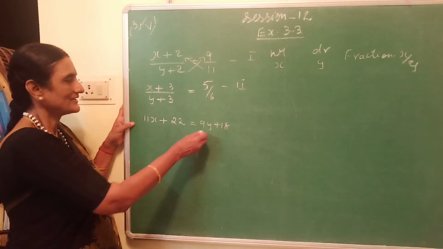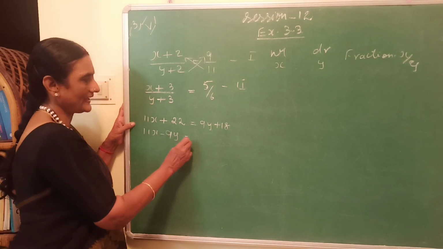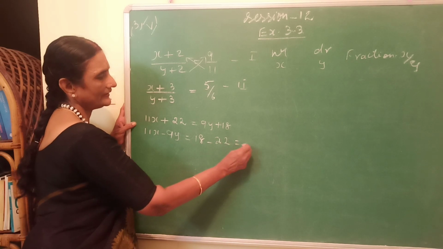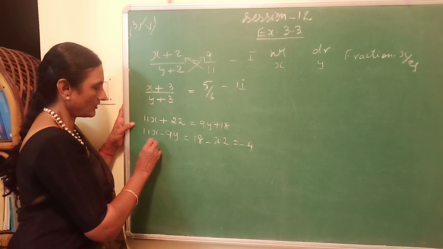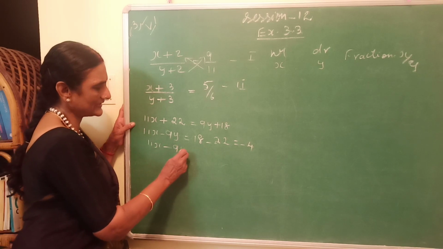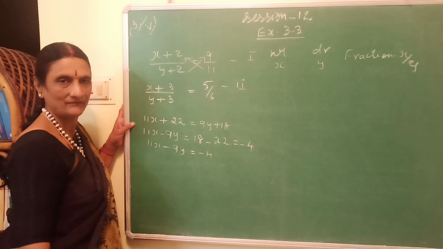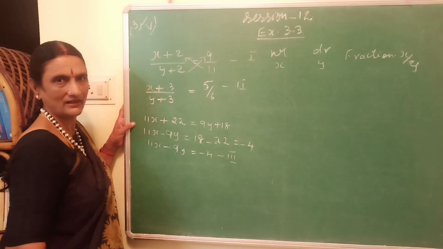So this 9y comes here as minus 9y, and 18 minus 22 gives the number minus 4. That is, we have 11x - 9y = -4 as the equation. This equation you can number as 3.